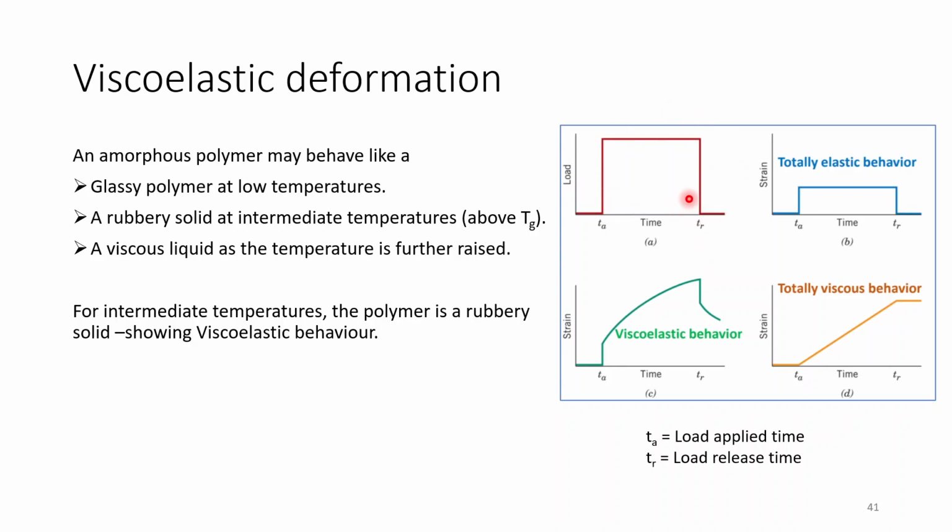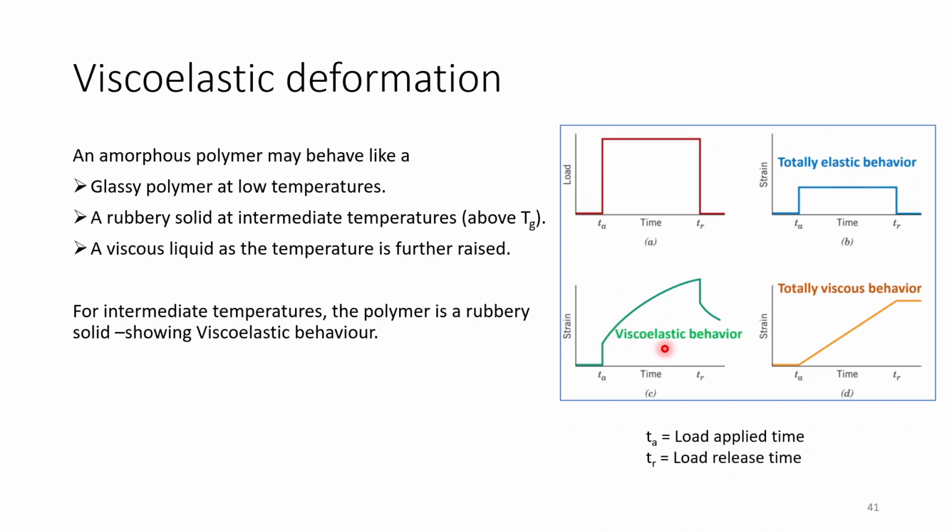Based on this load, how your material will show strain behavior: it can be totally elastic, viscoelastic, or totally viscous. If during application of load it shows some strain and then it regains its initial state and shape, then it is elastic. This is the case for metals.